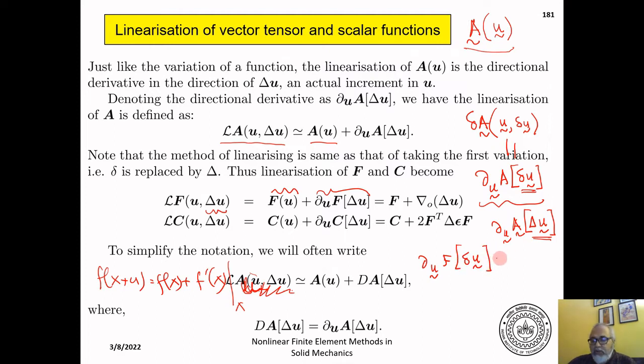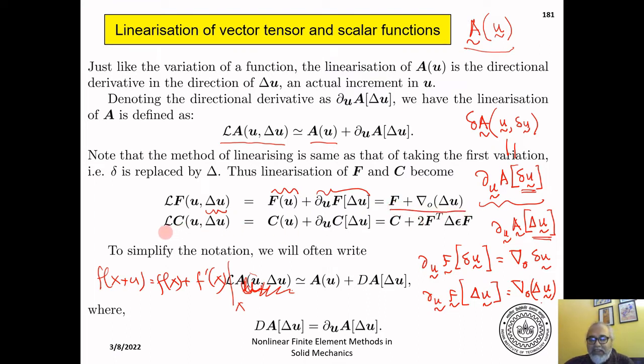So this we already know is del 0 of del u. This is del 0 of del u. So to calculate this quantity, we just replace this by triangle u, and then we have del 0 of triangle u, and that's what we have put here.